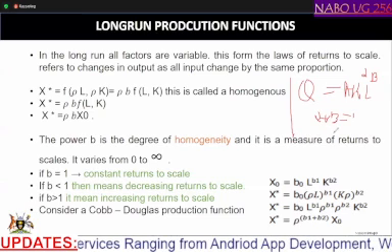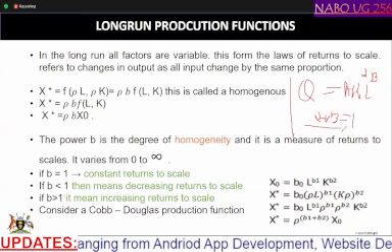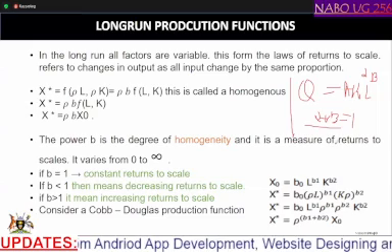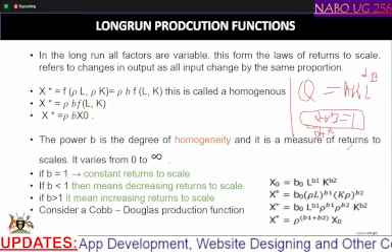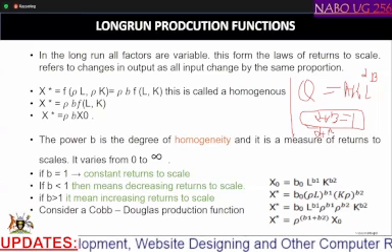If alpha plus beta is greater than 1, that's increasing returns to scale. If it is less than 1, that's decreasing returns to scale.